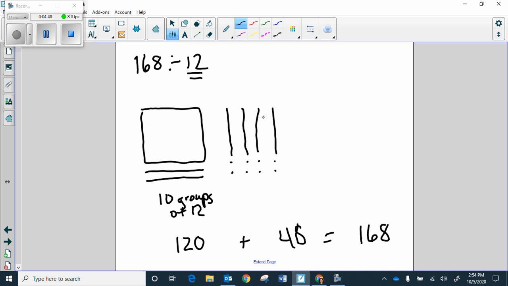That shows that I can get 4 more groups of 12 in that total of 168. So altogether, there are 10 groups plus 4 groups of 12 to give a total of 14 groups of 12 in 168. So 168 divided by 12 equals 14.